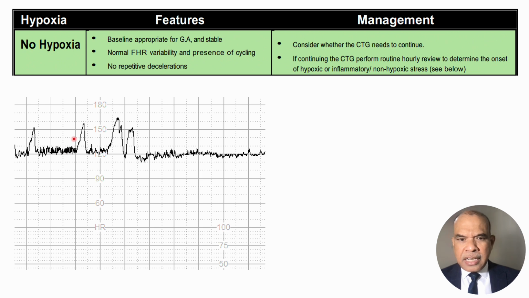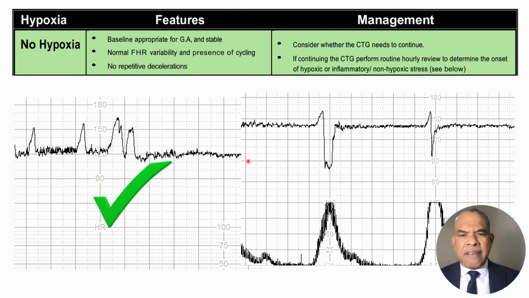So you can see here there are alternating epochs of normal variability and reduced variability. This is REM sleep, rapid eye movement sleep, and non-rapid eye movement sleep. So they have to have a variability reducing every 50 minutes or so. So this is a normal CTG, and there's no repetitive deceleration.